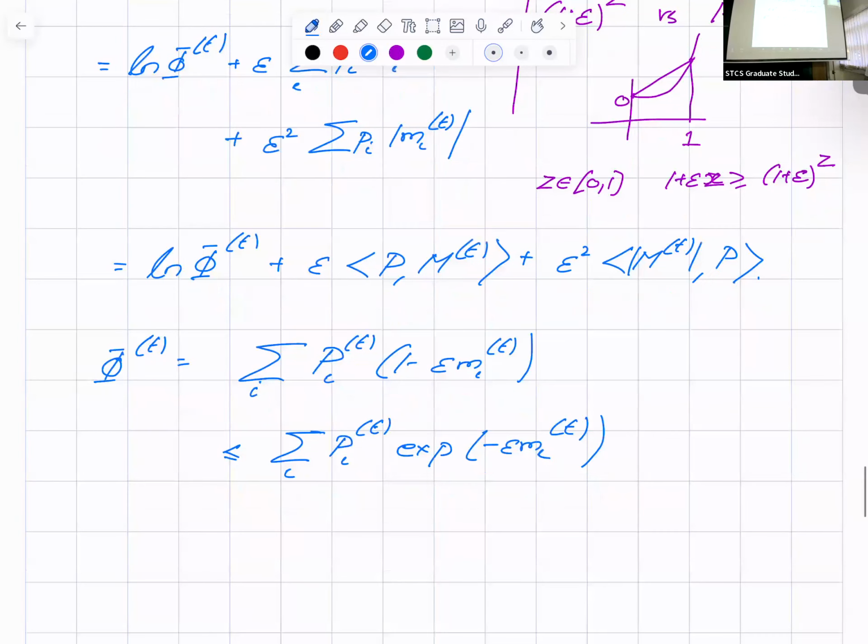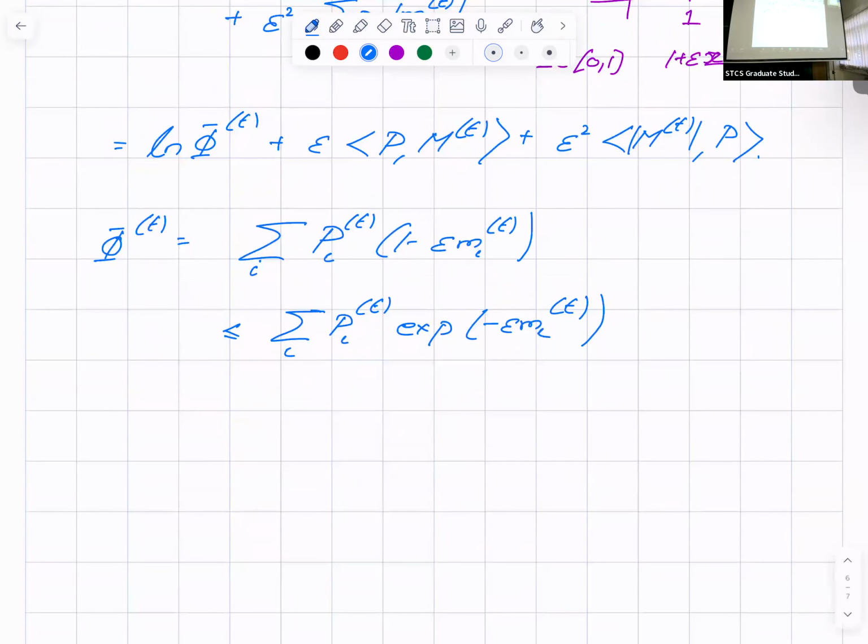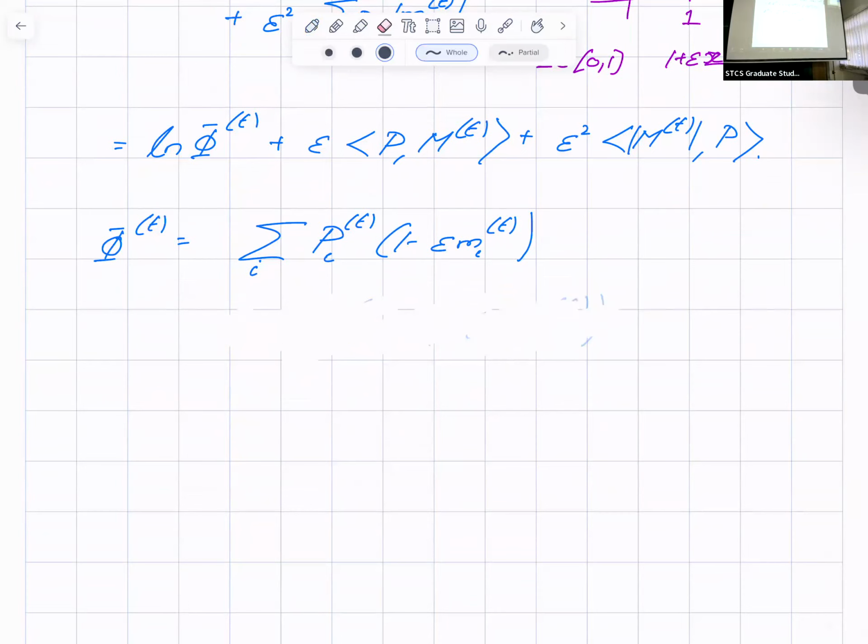Okay. Go to the norm now, the norm after. Let's do the ln first. Let's take the ln of this quantity. Ln of Vt.